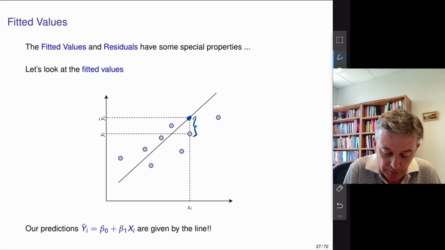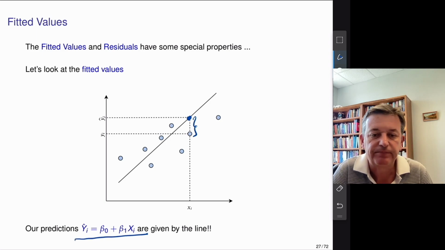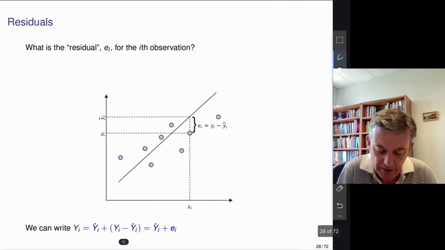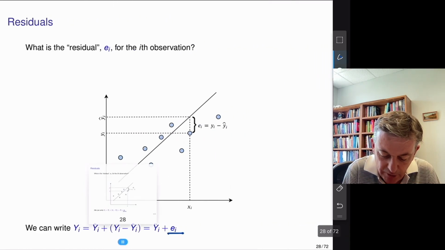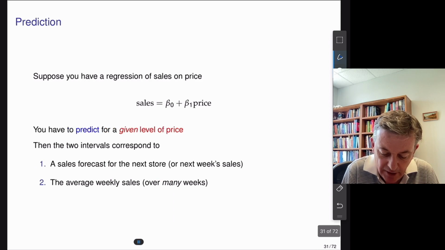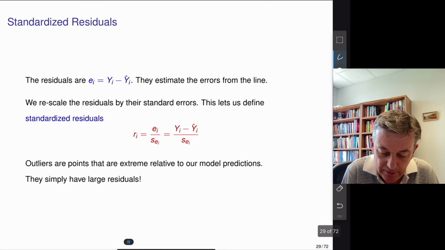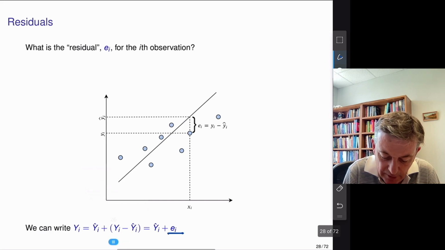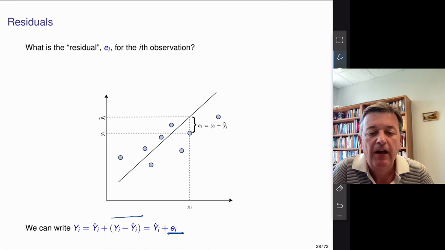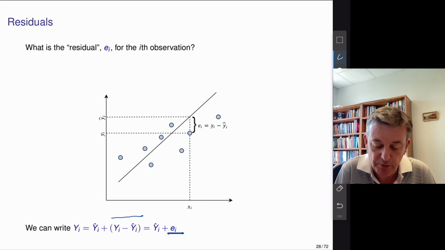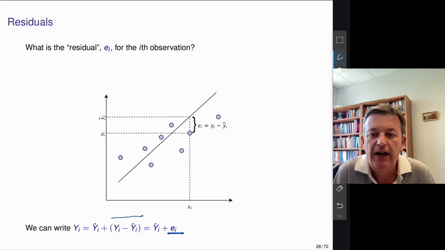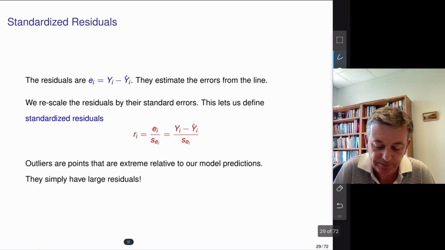So yi with a hat are essentially fitted values. e sub i, or sometimes epsilon sub i hat, given by this first term, is essentially the residual. And you'll see in a second that we'll standardize these residuals, and that'll provide a diagnostic to see if our normality assumption of the errors holds true.